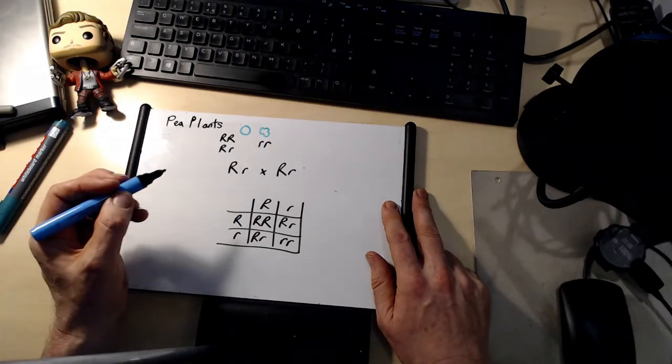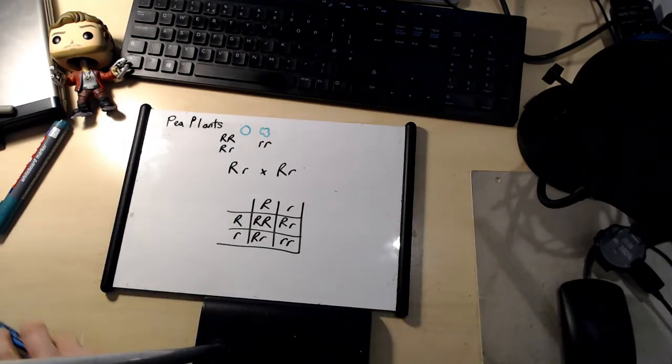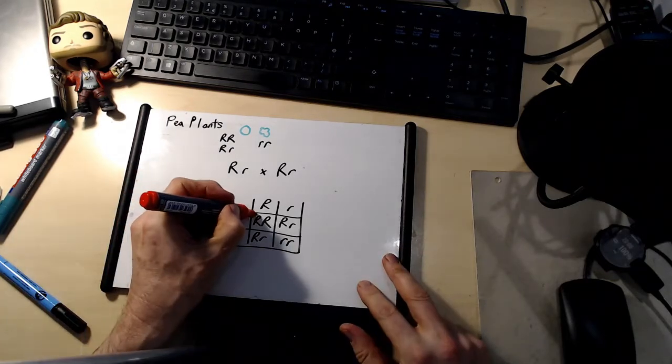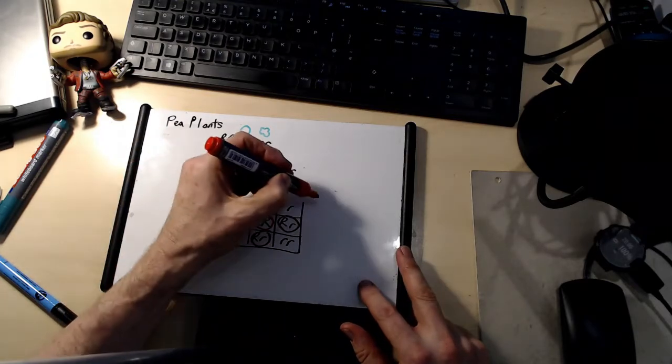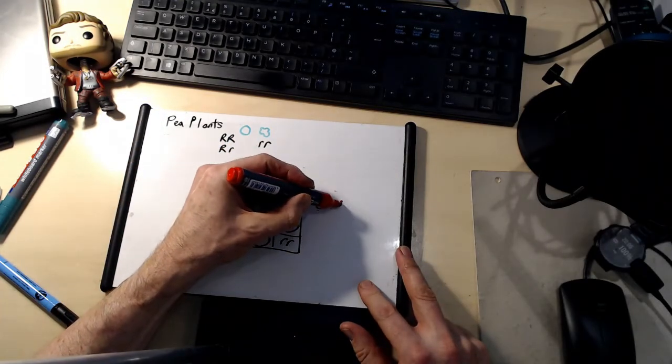In this case you can see that the cross gives you what we call a 3-to-1 ratio. So you've got 1 round, 2, 3. So that is a 3-to-1 ratio.